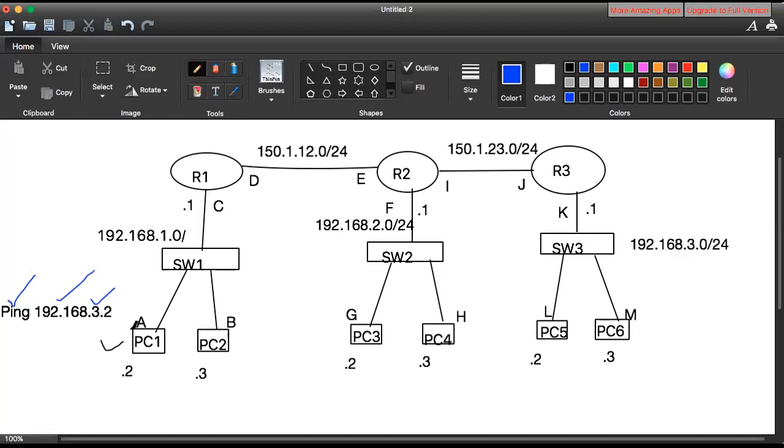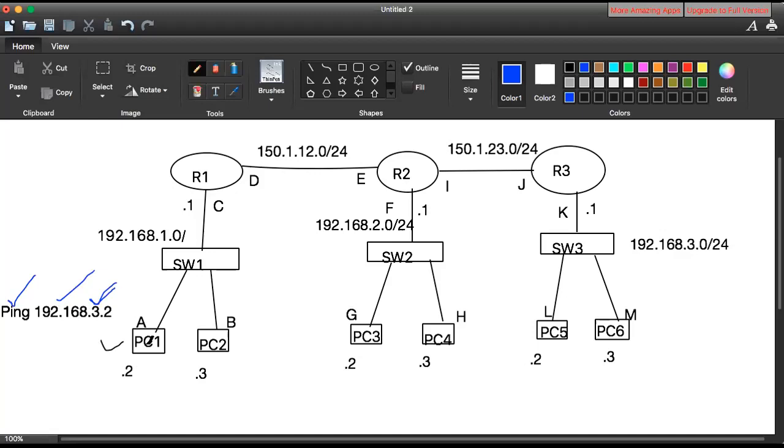So it is going to compare this binary number with its own configured IP address binary number. Now it sees that the binary numbers are different. That means PC1 has to send the request outside.